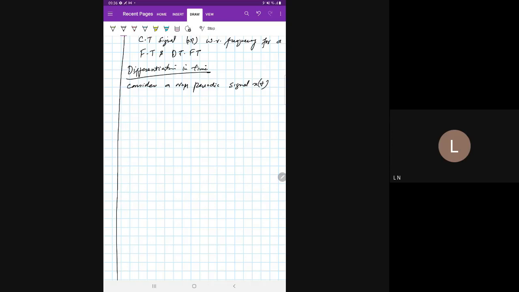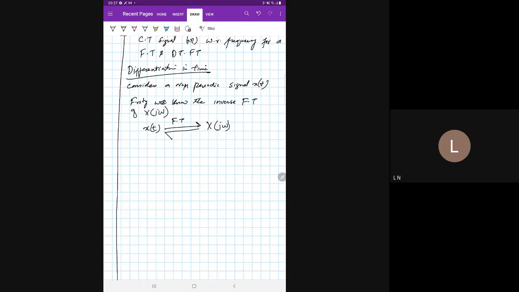Firstly, we know that the inverse Fourier transform of a signal X of j omega is given by x of t. So X of j omega is the Fourier transform of x of t. If we take the Fourier transform of x of t, we obtain X of j omega.